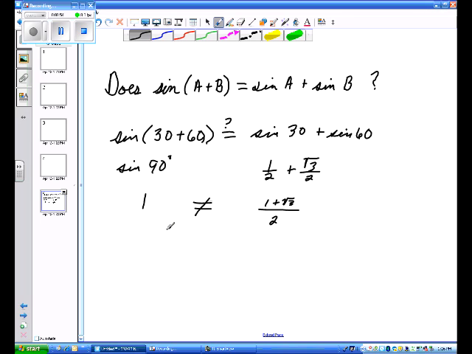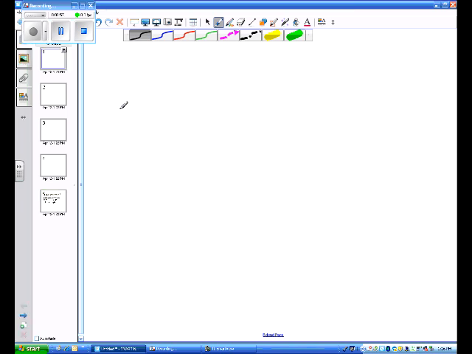So we've got some identities that we can deal with, and I'm not going to go through and show you how we derive these identities, but these are called our sum and difference identities or formulas.